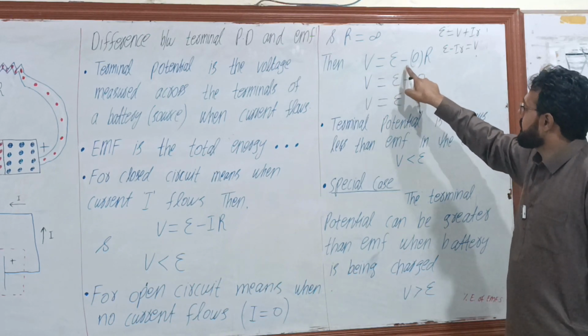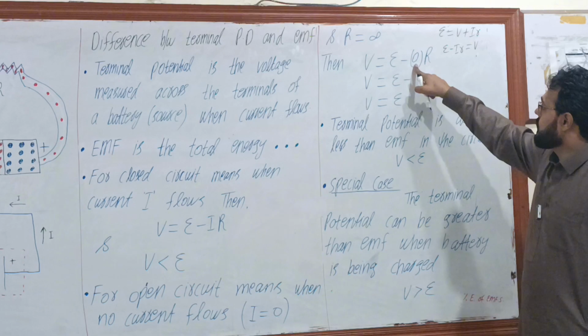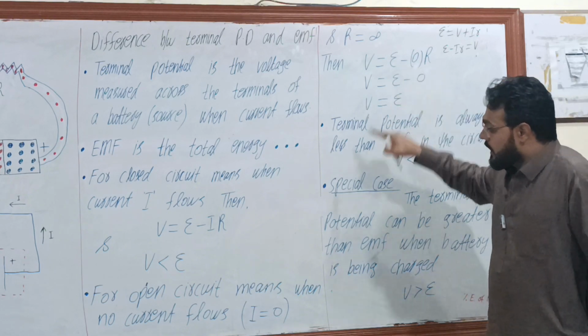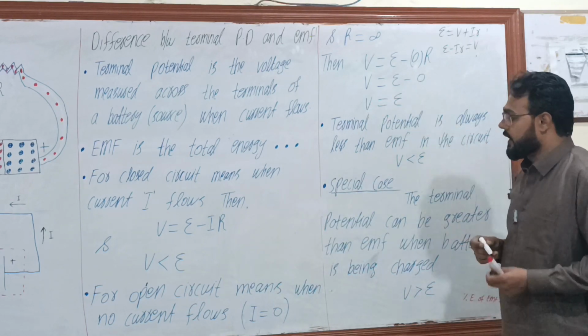V is equal to EMF minus Ir. Here I is 0. So, when no current flows, meaning for an open circuit, EMF and voltage are equal.